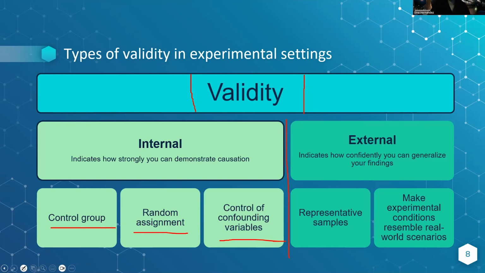This is why having external validity is about being careful with representative samples. For example, using stratified sampling, if you want to make an argument regarding, let's say, postdoc students in Germany.